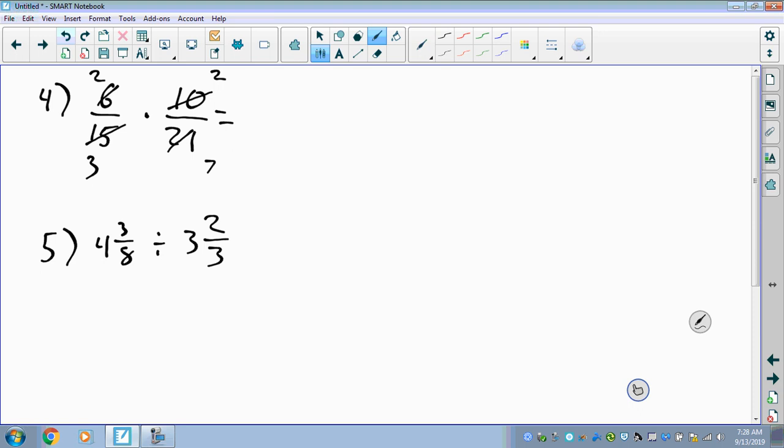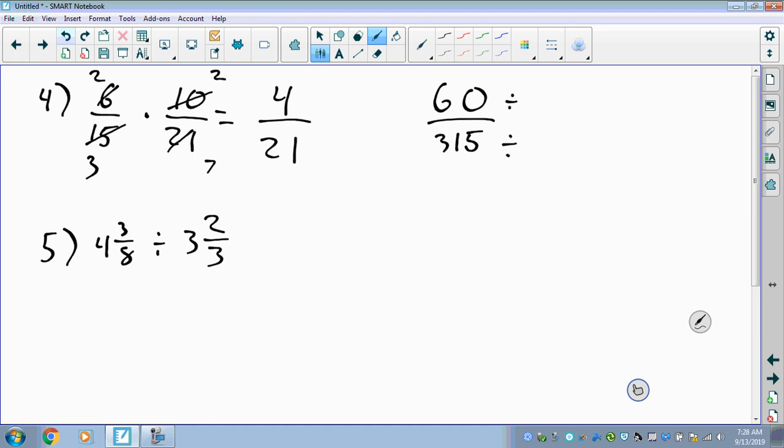And now what I get is 2 times 2 on the top, 2 times 2 is 4, and on the bottom I get 3 times 7 is 21. Which is the same thing that we got before. Before, we got as our answer 60 over 315. Again, you could reduce these, and then divide by, say, something easy to start with, 5.